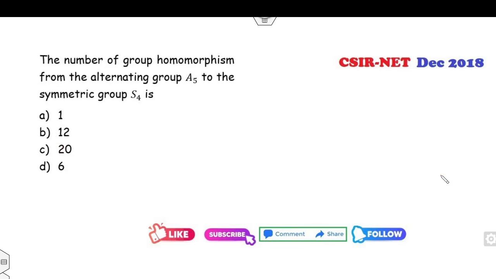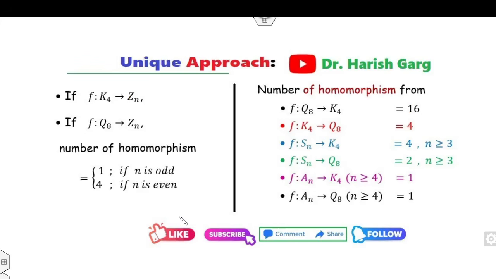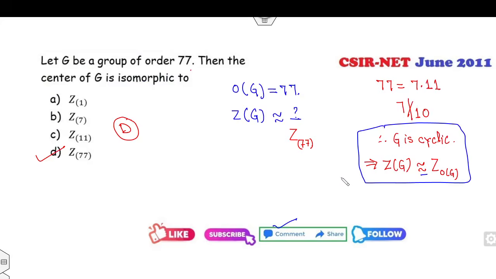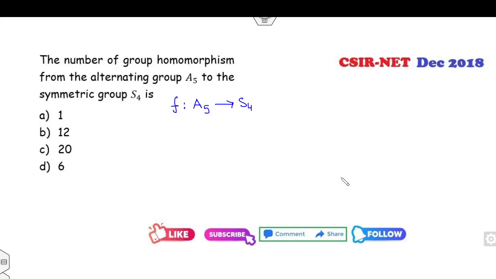The number of group homomorphisms from the alternating group A5 to S4. Now, if you look at this concept, this is the A_n to K4, but not to S4. I'm not using any shortcut tricks here, but it's very simple.